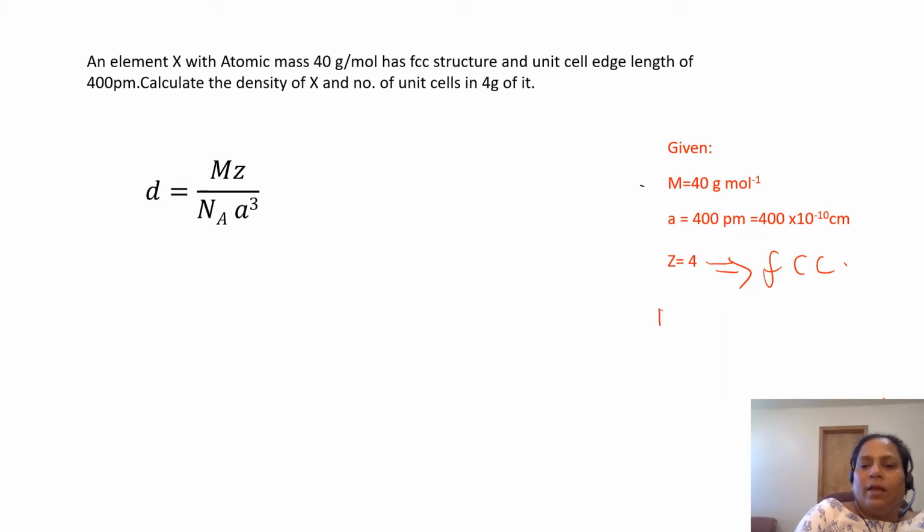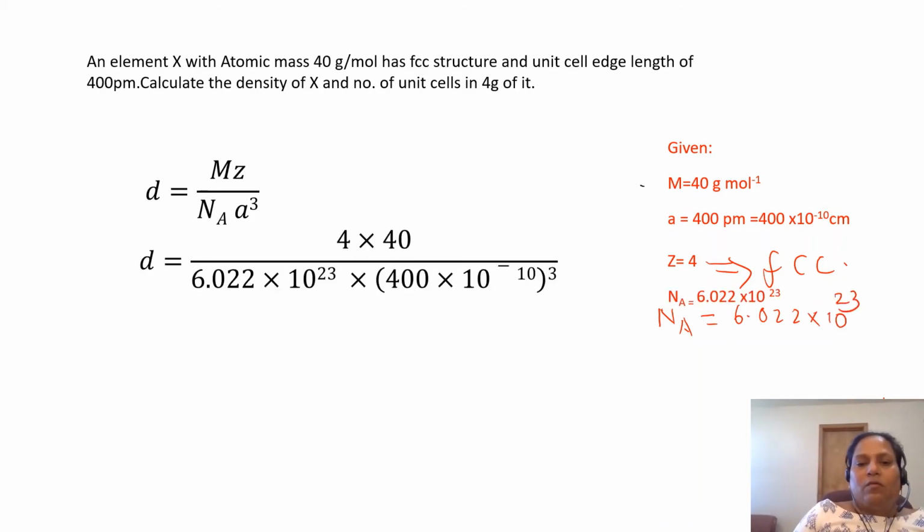And we know that Na is Avogadro number, which is 6.022 into 10 to the power of 23. Now let's substitute it in the formula. So we get D is equal to 4 multiplied by 40 upon Avogadro number 6.022 into 10 power 23 into 400 into 10 power minus 10 the whole cube.